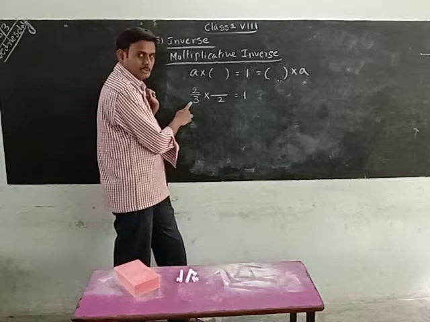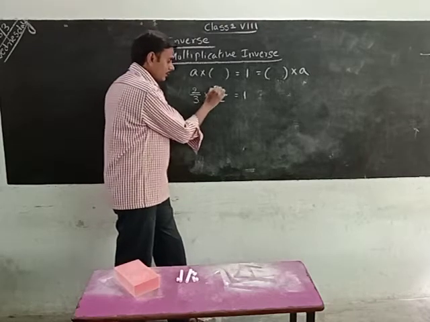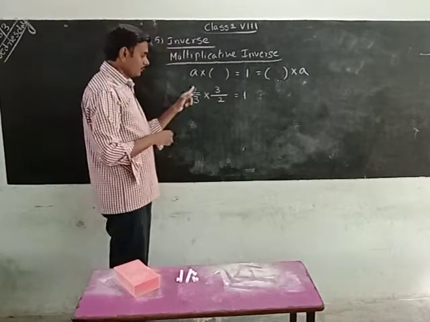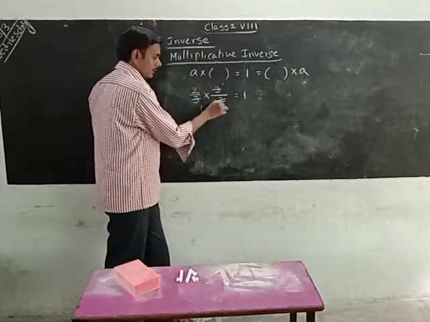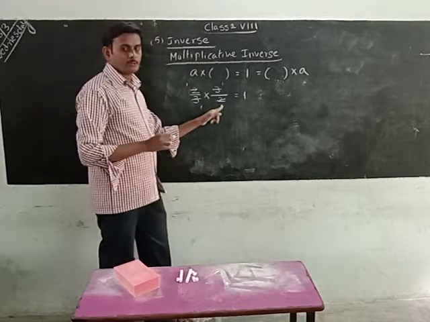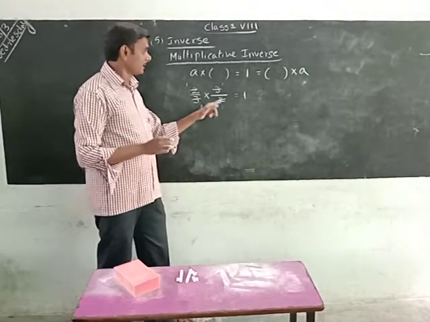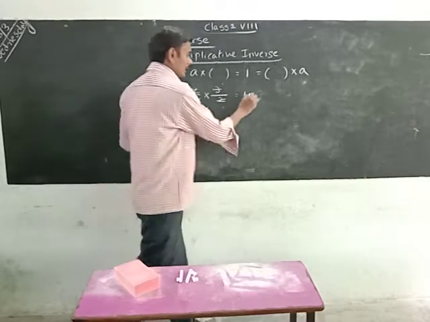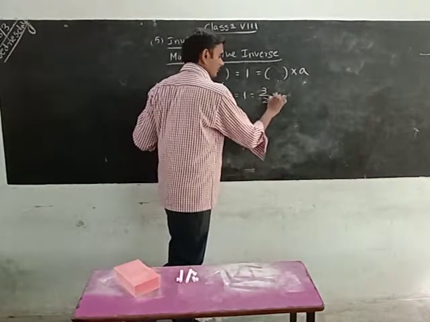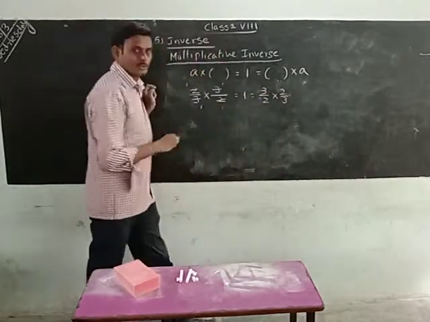To cancel 3, the numerator should be 3. So 2 by 3 into 3 by 2: 3 ones are 3, 2 ones are 2, giving 1. That means 3 by 2 is the multiplicative inverse, and we get 1. By changing the order also, 3 by 2 into 2 by 3 equals 1.